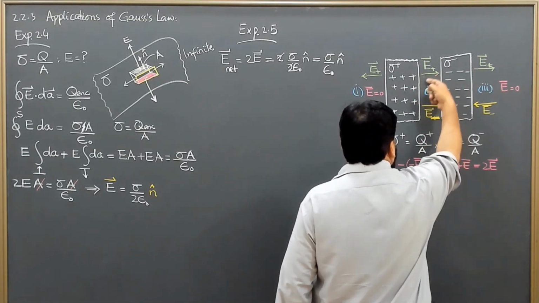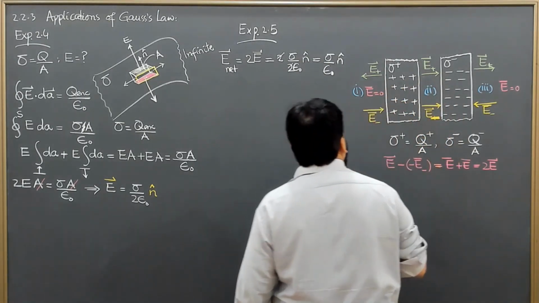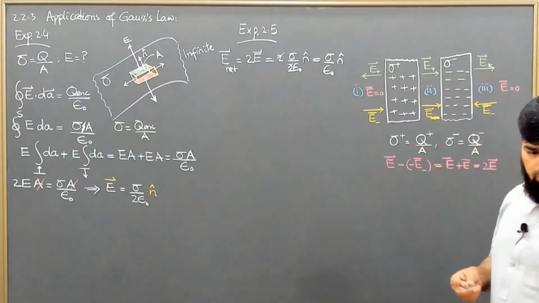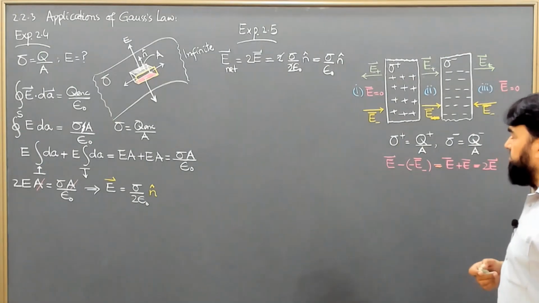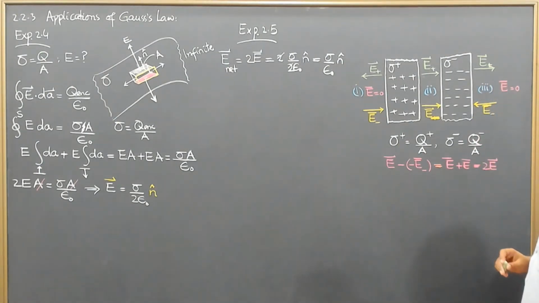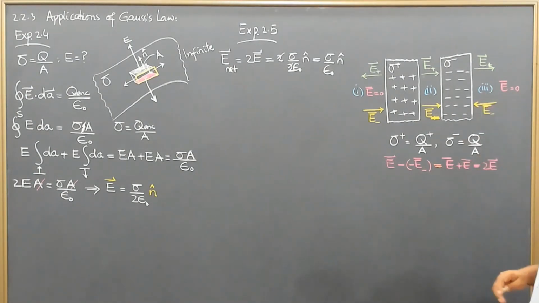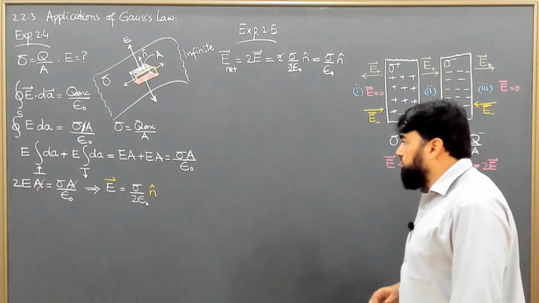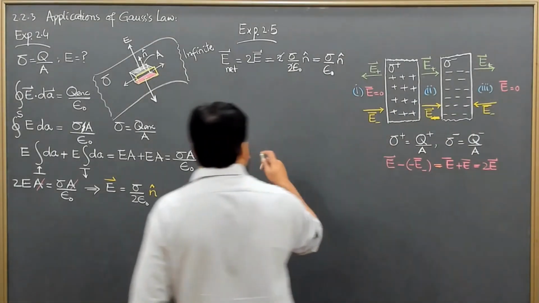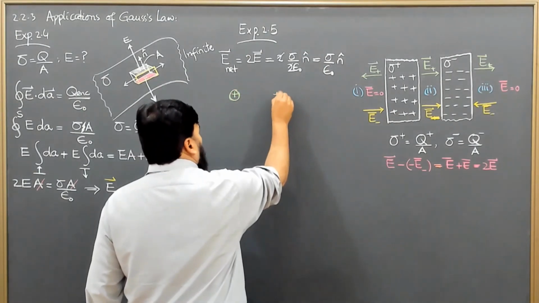So here we will have the net field equal to 0, while here the fields will add up. We will have a double field here, and similarly on this side. So in region 1 and region 3 we will have a non-zero field, and in region 2 we will have zero field.